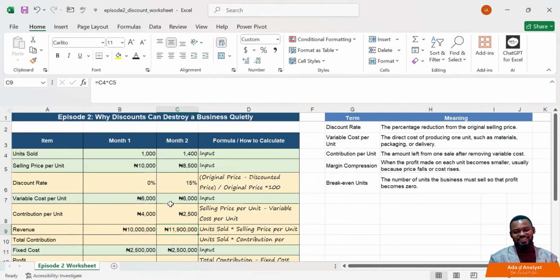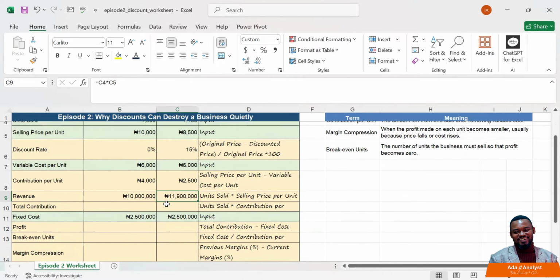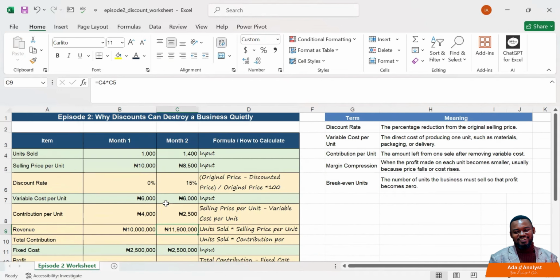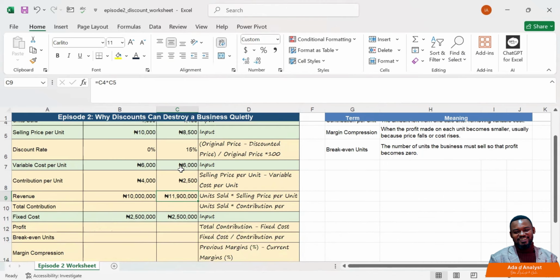If we continue, are we going to get better profits from month one or month two? Let's proceed and see. Remember, our topic for today is why discounts can destroy a business quietly. So let's see if that applies.